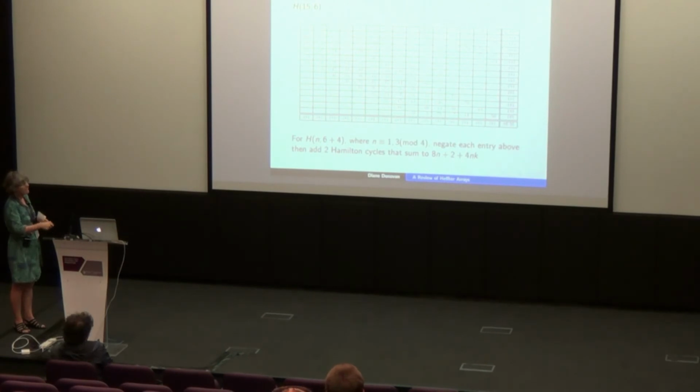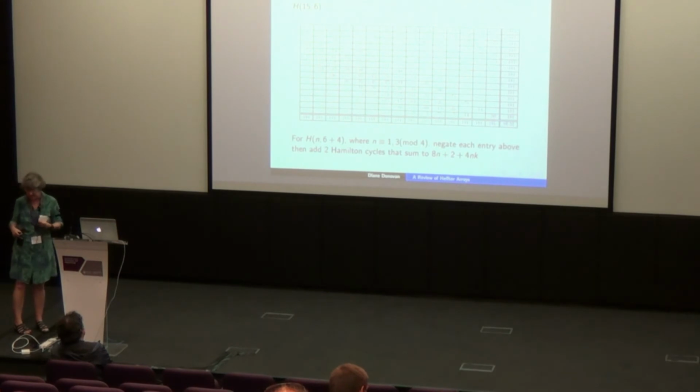So each of these diagonals is a modulo class here, and it comes out very nicely. But the sums down here now are all 2 times n times k plus 1, or 0 modulo that.